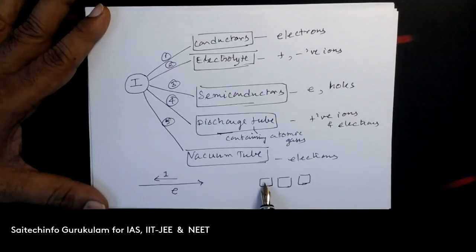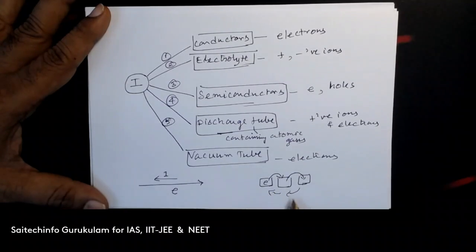Let me say one electron is jumping to another place. When the electrons are moving in this way, what about the holes? They will be moving in the reverse direction. Are you able to follow?